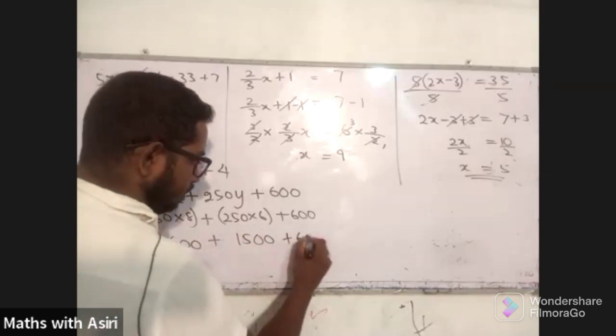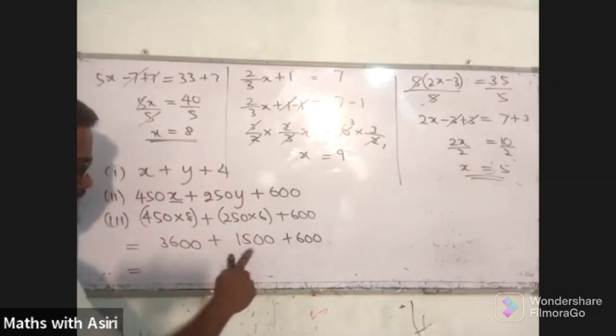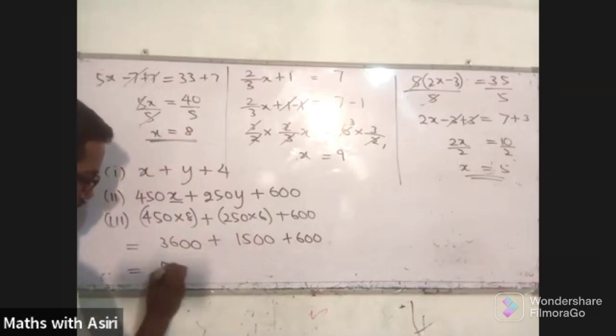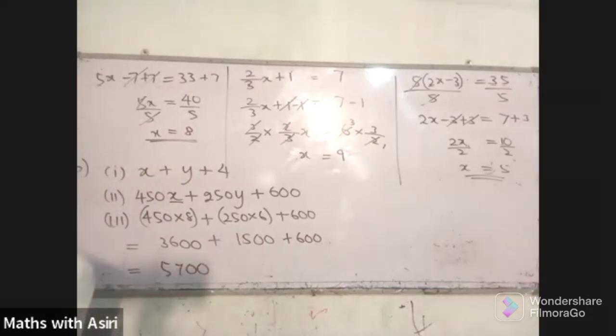Plus 600. The total is 5,700. Total income on that day is 5,700.